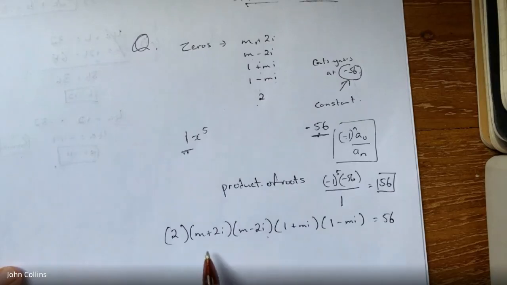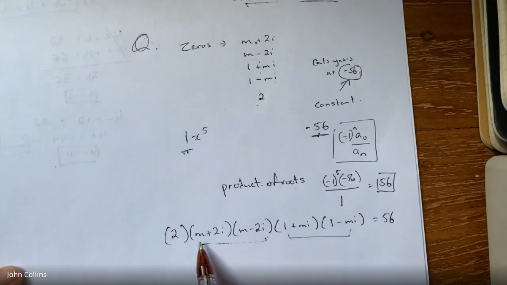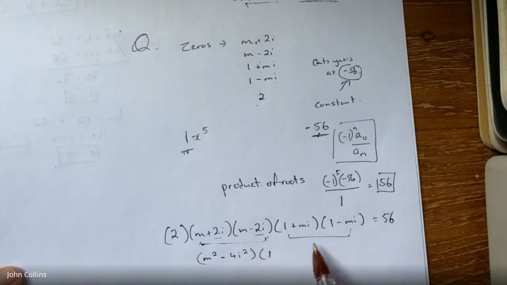All right, so the easiest two to multiply are these two and these two, because they are a difference of two squares. So that means it's going to be m squared. The middle two terms will cancel out as usual, and we're left with minus 4i squared from this one, so 2i times 2i. And this one's going to be 1, and I'm going to get minus m squared i squared from that one. And still times 2.